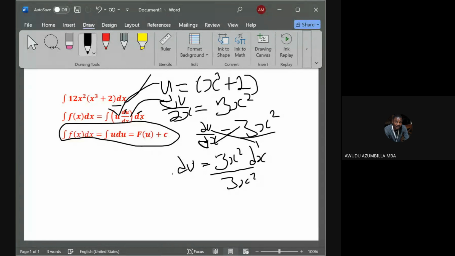I'll divide here by 3x squared so that this one can cancel this. And my dx is going to give me du over my 3x squared.